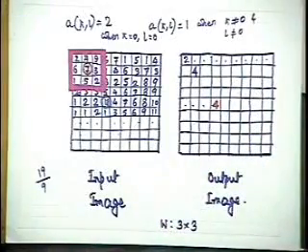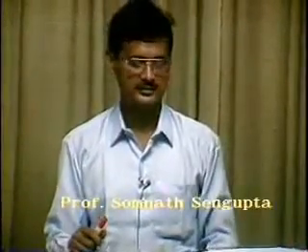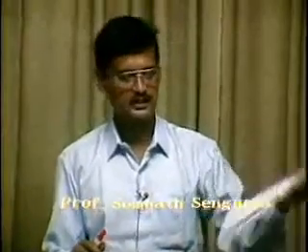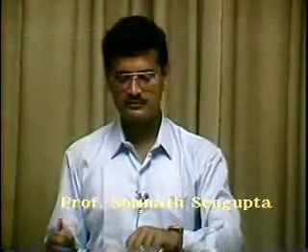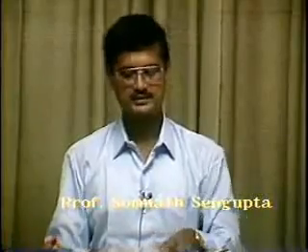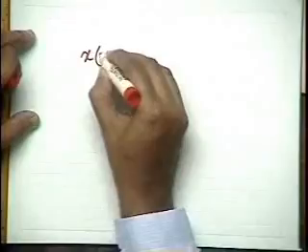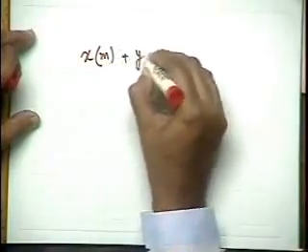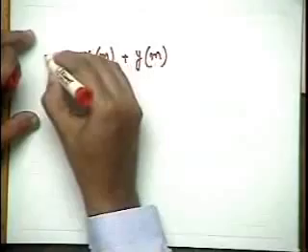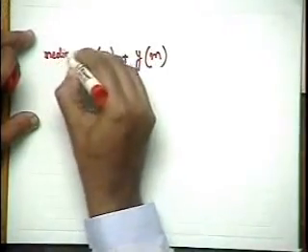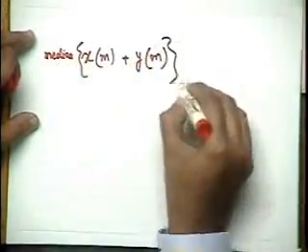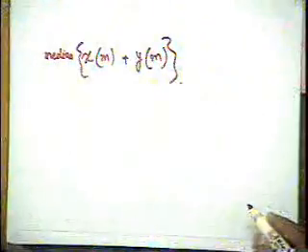But tell me one thing: if I have two sequences, one sequence is x of m and the other sequence is y of m, and then if I have the median of x of m plus y of m, is it going to be equal to the median of x of m plus the median of y of m?